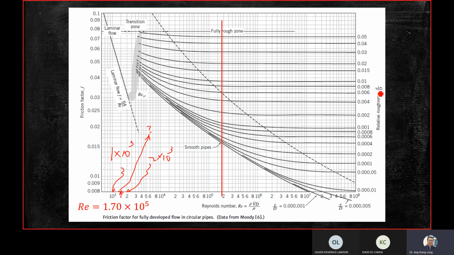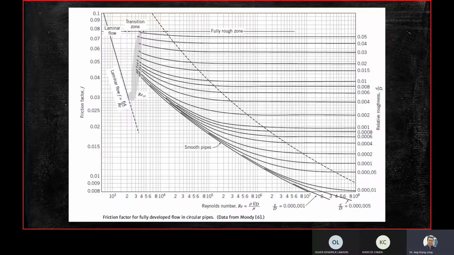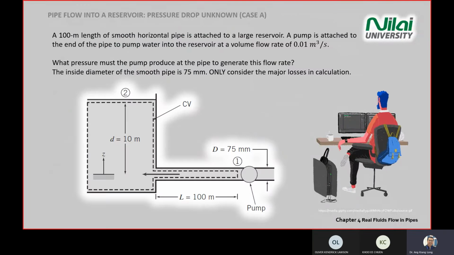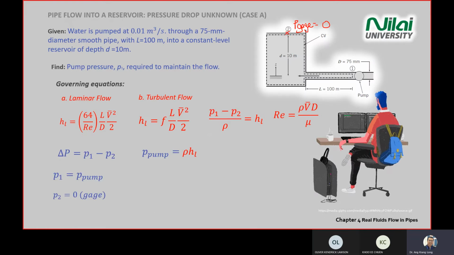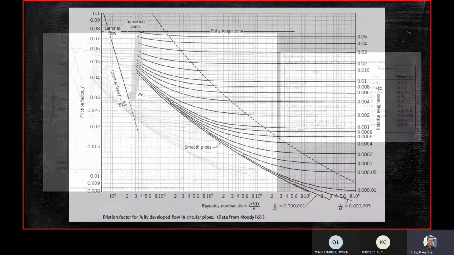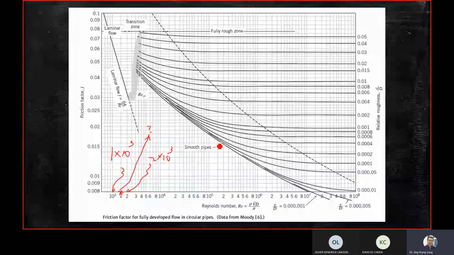In the question statement, we have a smooth pipe. In the Moody chart, there is a line for smooth pipe.